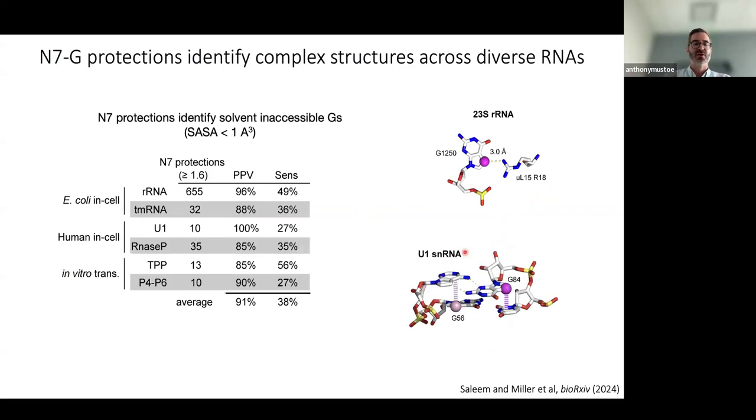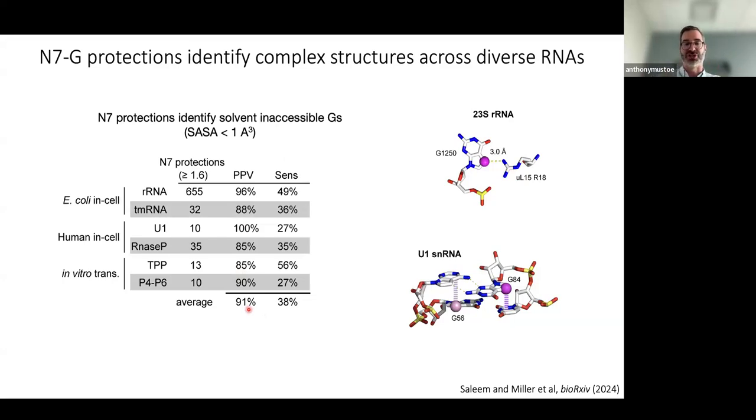Okay, so we went ahead and extended it to a number of different RNAs, both in cells and in vitro. And what we find is that overall, we do very well at discriminating things that are solvent protected.